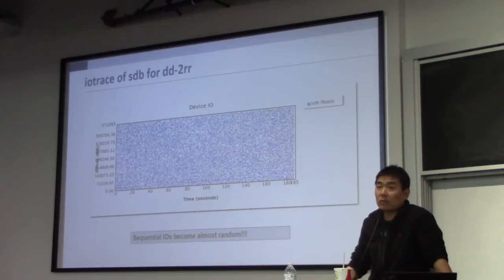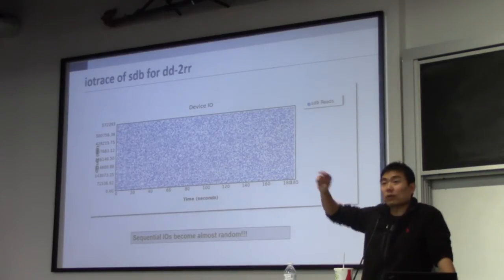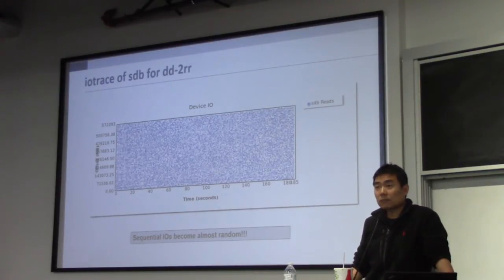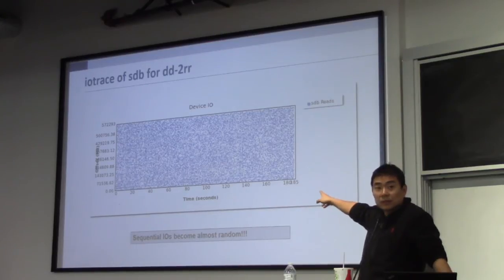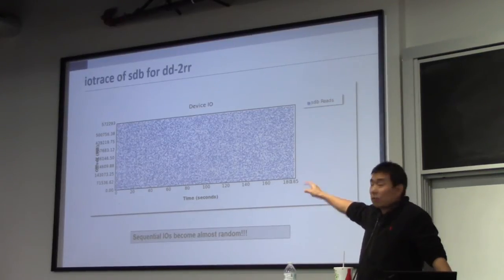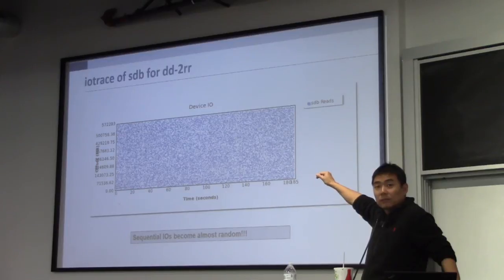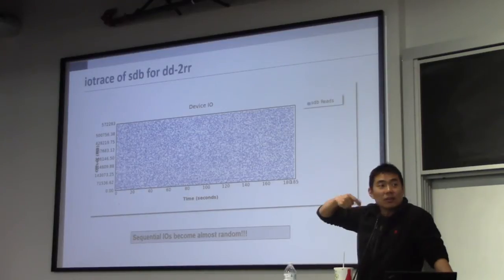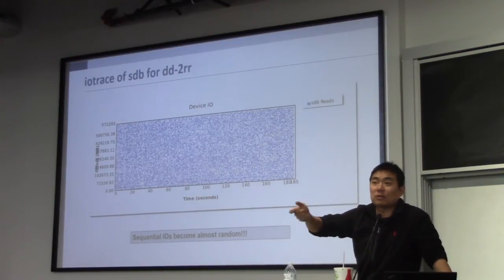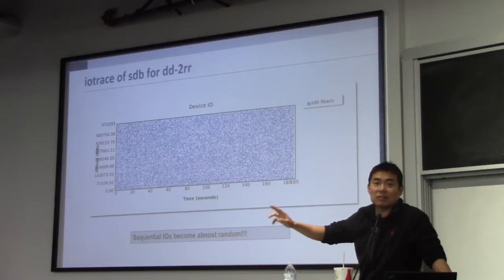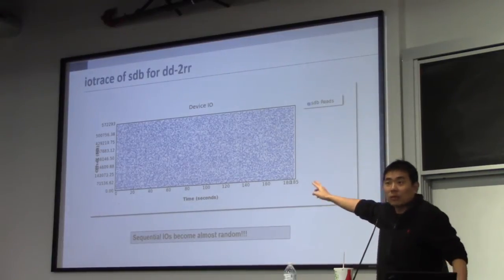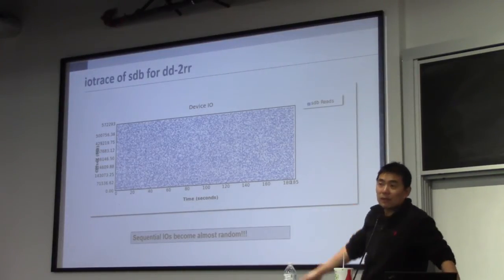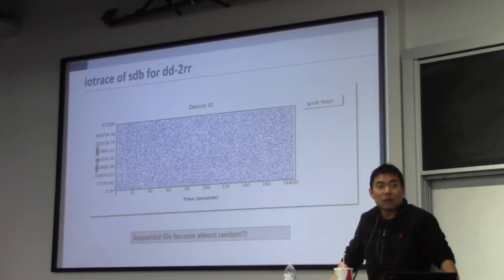If I keep doing this experiment, now I inject 2 random read workloads. What do you notice from this picture? I'm still running that sequential workload, by the way. You don't even have that sequential workload. That sequential workload is no longer even noticeable from this output. Why is that?